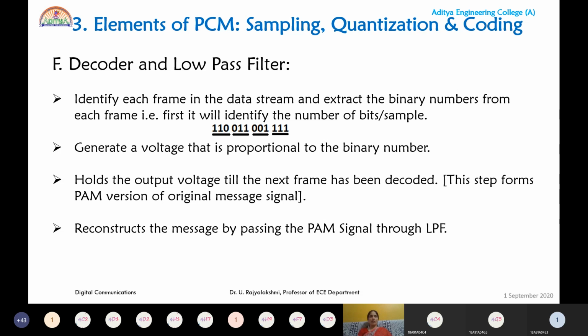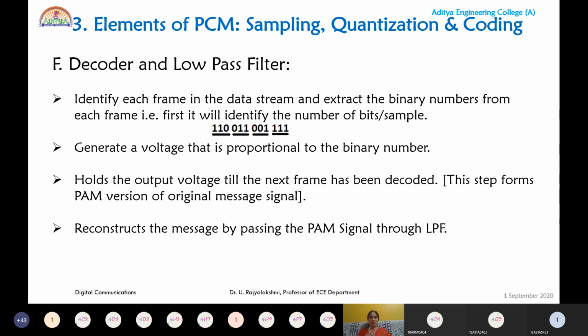After that, what will it do? Opposite to the functionality of the encoder, the 3-bit binary sequence is converted into an analog voltage, a voltage value that is proportional to the binary number. So what is the voltage value of 110? Any one of you please respond. What is the voltage of 110?